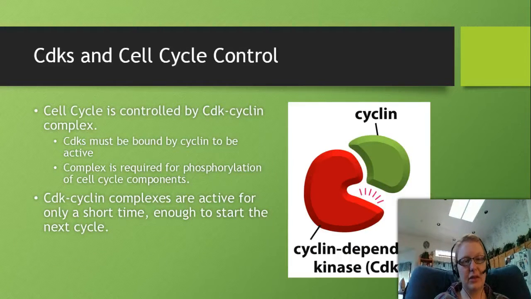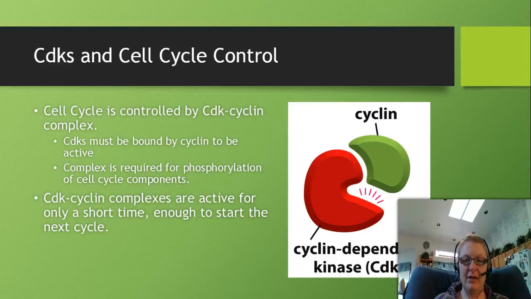So the cell cycle is controlled by something known as the CDK cyclin complex. The CDK is a cyclin-dependent kinase, and you can see that here on the slide. And cyclin-dependent kinases, or CDKs, must be bound to a cyclin in order for them to become active. CDKs on their own are not active enzymes.